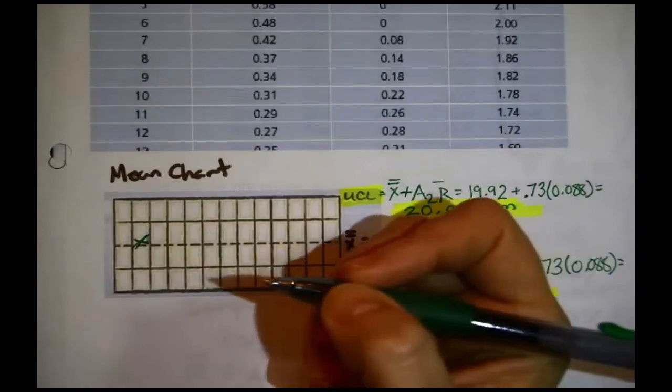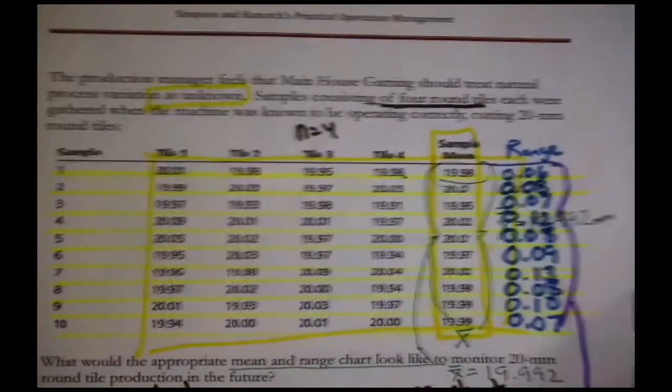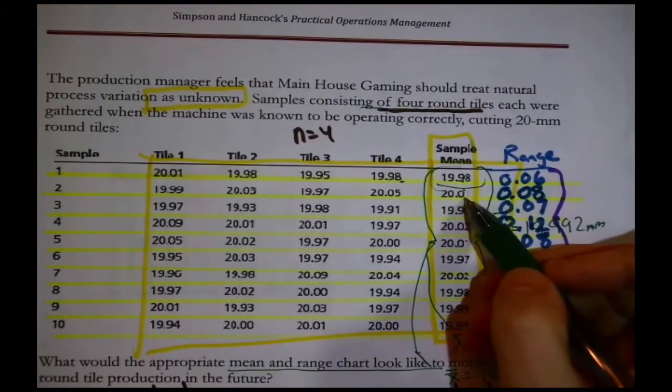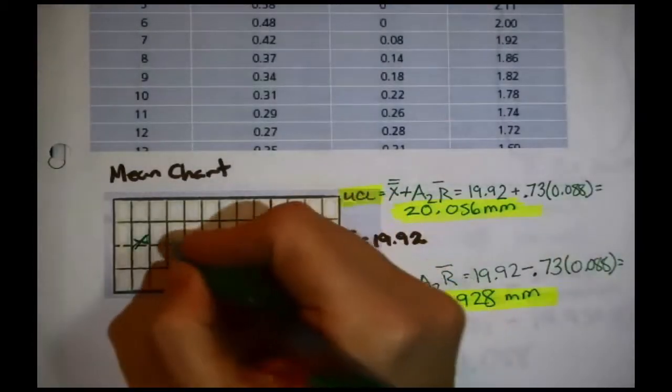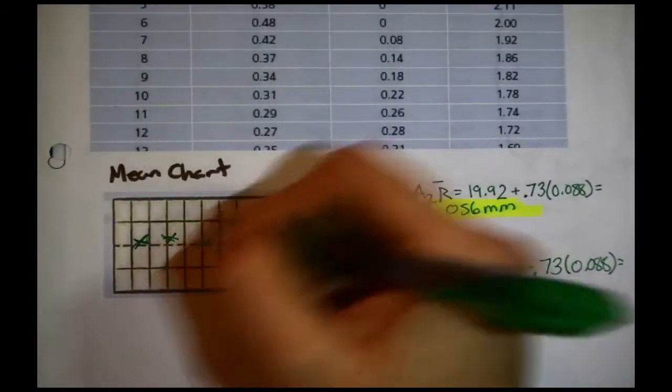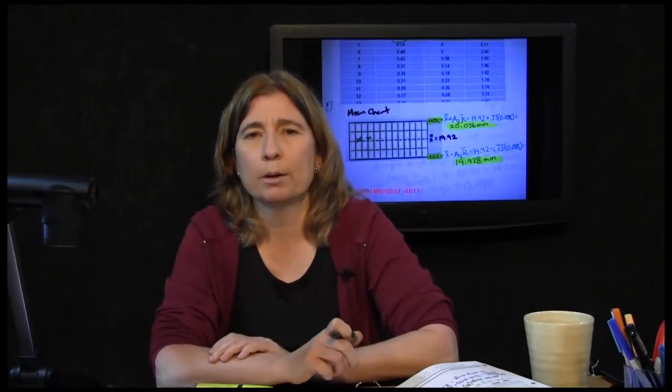And if they pulled sample 2, sample mean 20, it would also be plotted, and they would go on plotting the average diameters of randomly picked groups of 4 tiles.